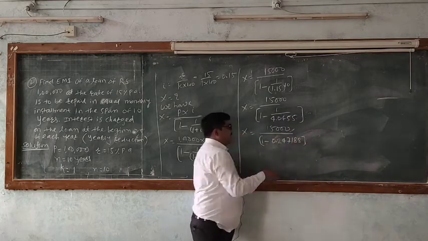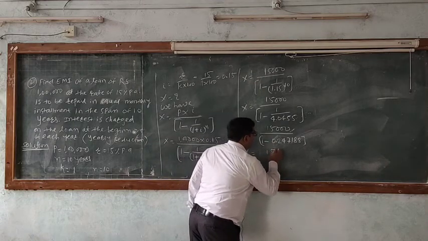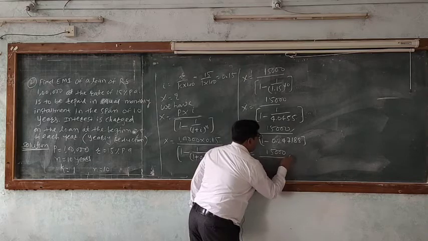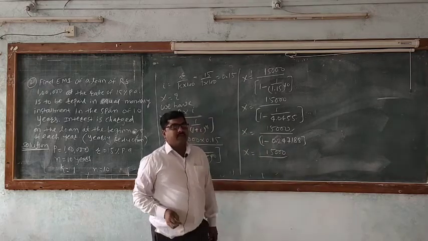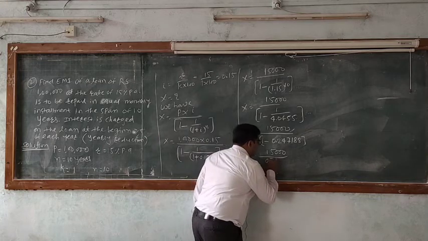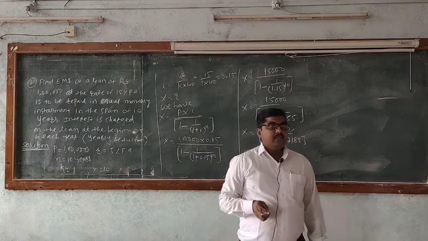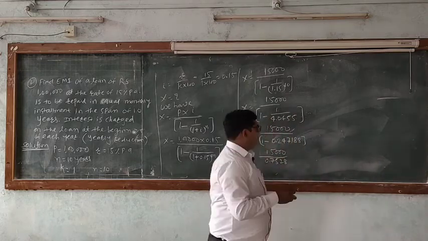So this is the calculated value. So x equal to 15,000 upon 1 minus this, which means 0.752812.